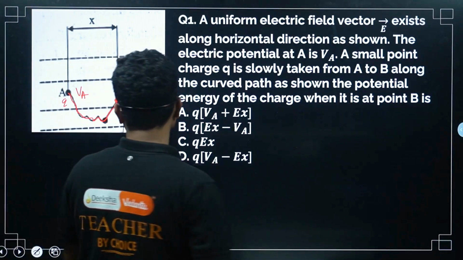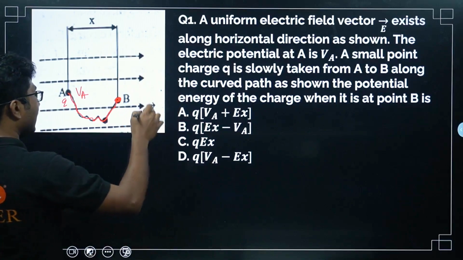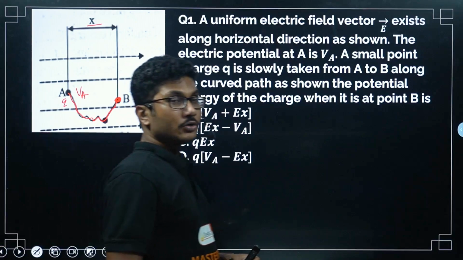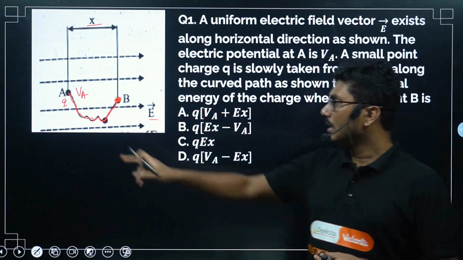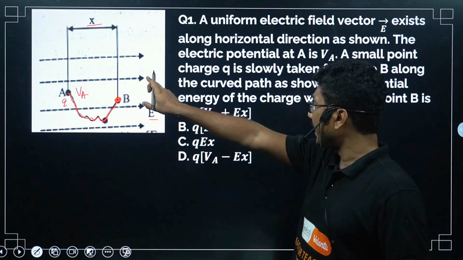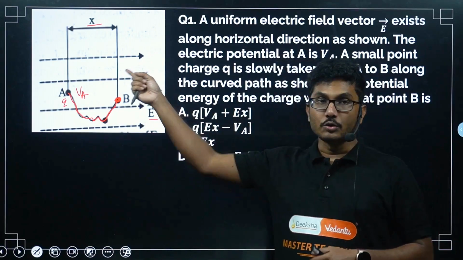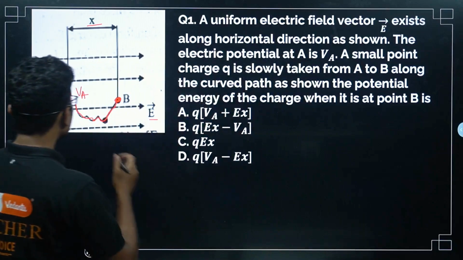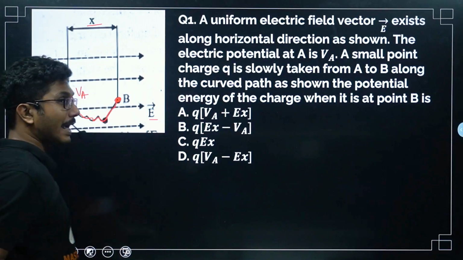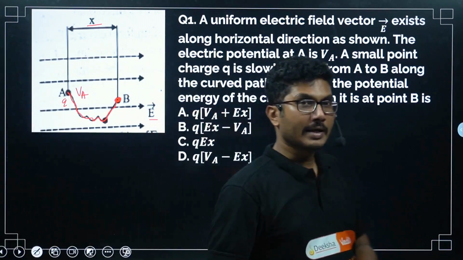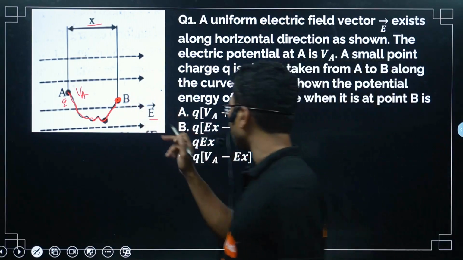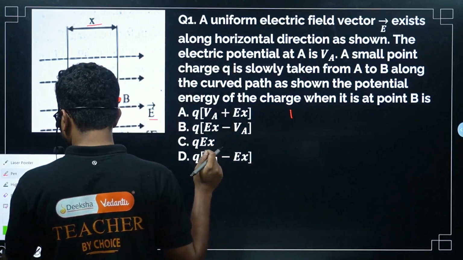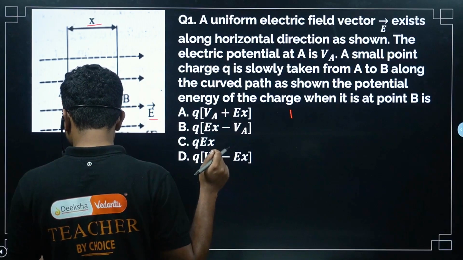So what is given? A constant electric field is given, and the displacement is given. To solve this problem, first we have to calculate the work done to move this particle from here to here. If we can calculate the work done, then we can find the potential energy at this point. Now we know that the potential energy at a point is nothing but the charge times the potential.